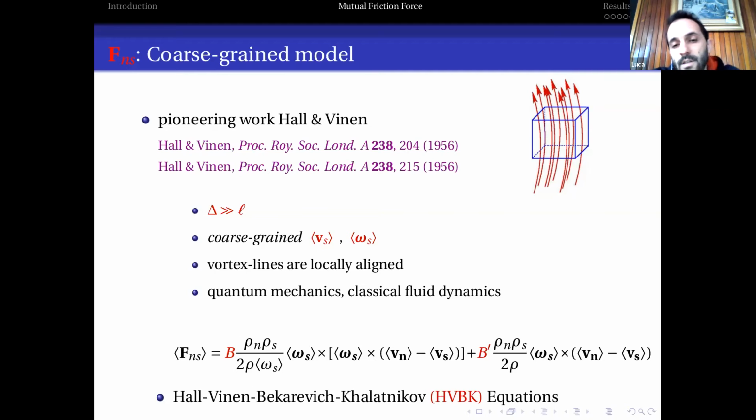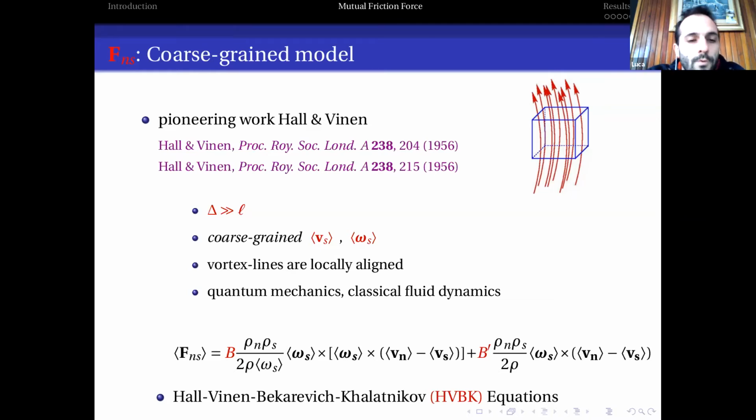Interestingly and very importantly, the expression derived matched very well with the experiment, and the temperature dependent friction coefficients B and B prime were determined by fitting the experimental data.